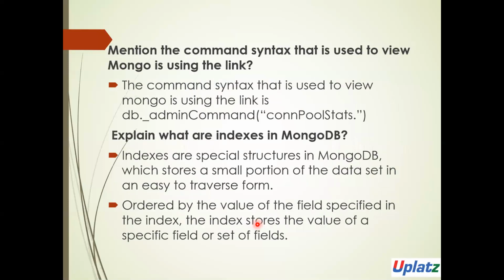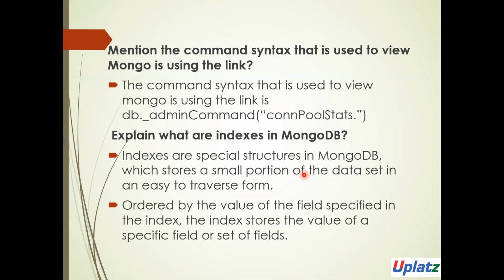Mention the command syntax that you use to view the Mongo version using the link. That is db._adminCommand. Next is, explain what indexes are in MongoDB. They are special structures which store a small portion of the data set, and they can be easily traversed.